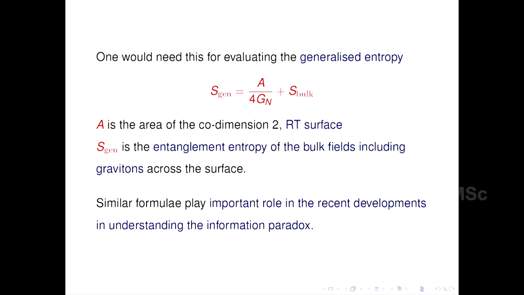And in fact, one would need that for understanding formulas like this, which have occurred recently. Such generalized entropy formulas have played a role in the black hole information paradox, in which this quantity S bulk involves partitioning the region into two regions, in which one includes entanglement entropy of gravitons also.